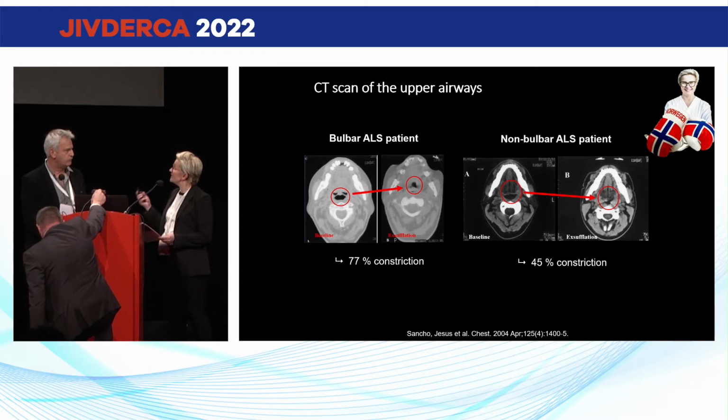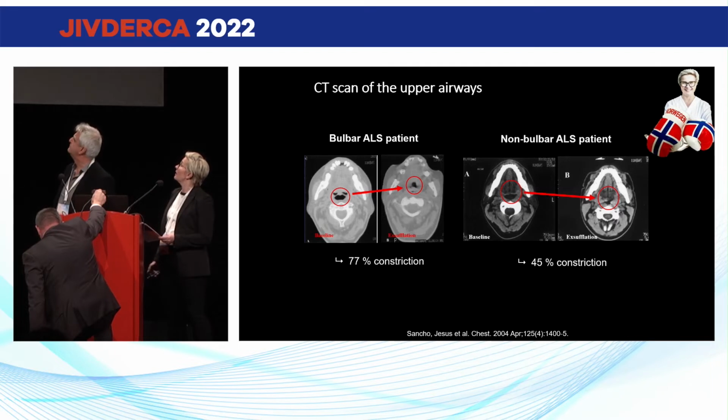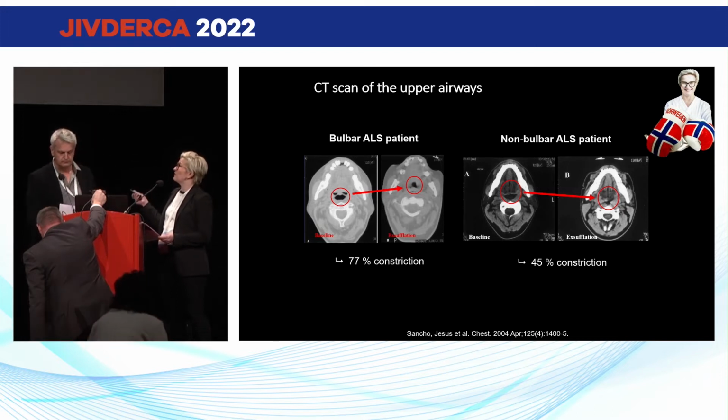He used CT scan and saw that there is a constriction during exsufflation in ALS patients. This is a more difficult way to do it because you have to time when to take the picture, so they only took pictures at baseline and exsufflation.